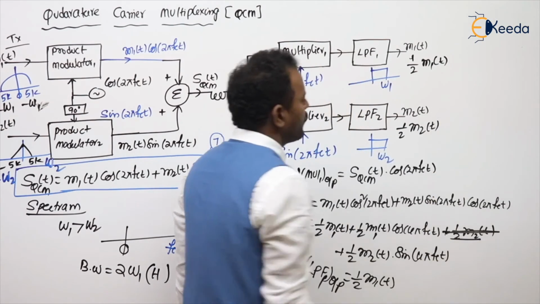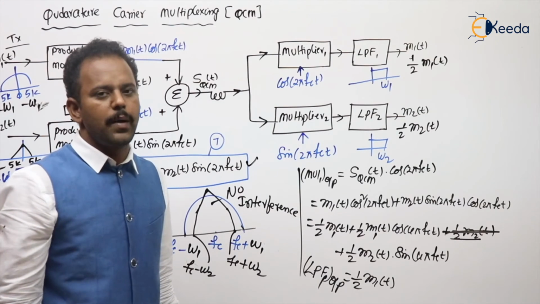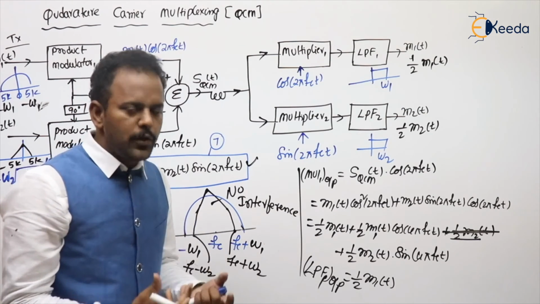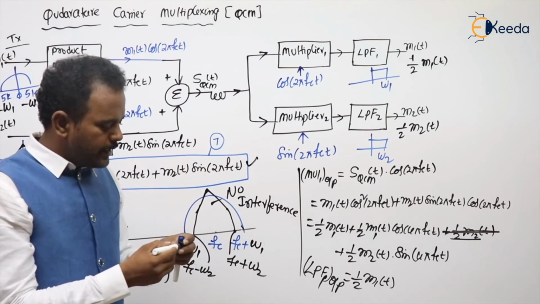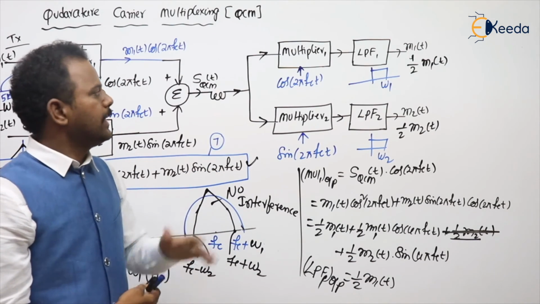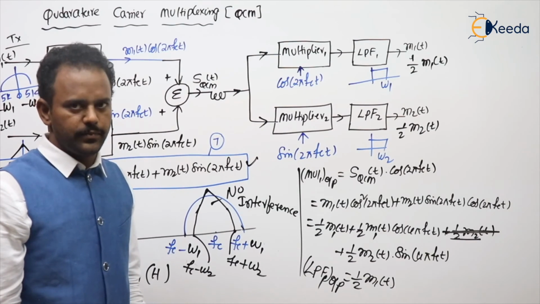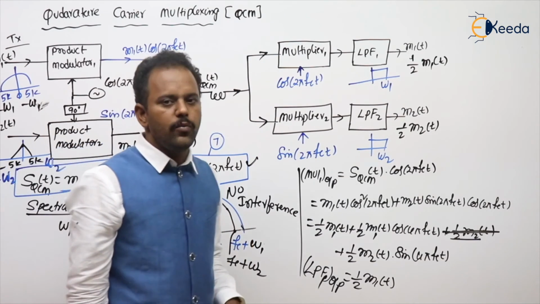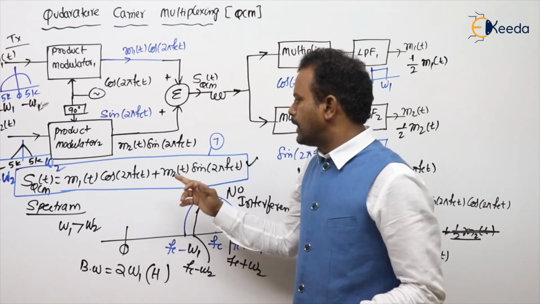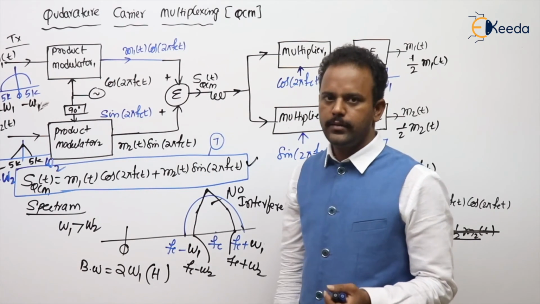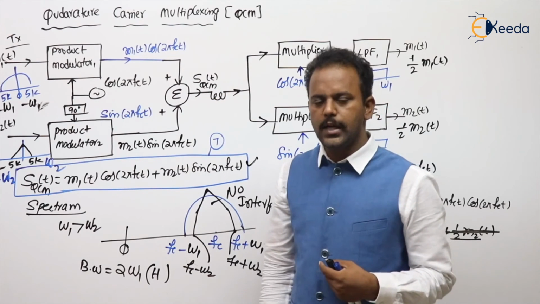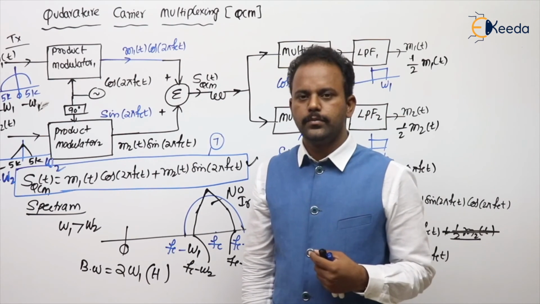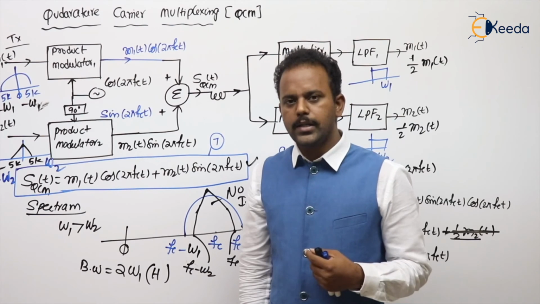Anyhow, if you give it to the amplifier, that 1 by 2 factor does not matter. You can bring it to the proper gain, like we are separating M1 and M2 on the receiver side. So in this, what you need to remember is the expression of the QCM, and for a conventional examination, the total derivation is needed. Do you understand my point?